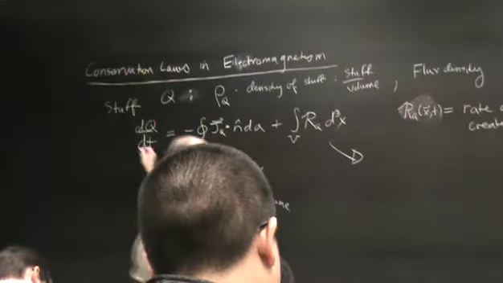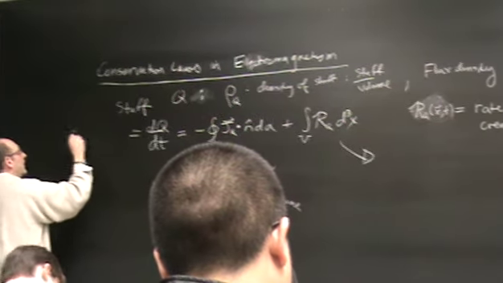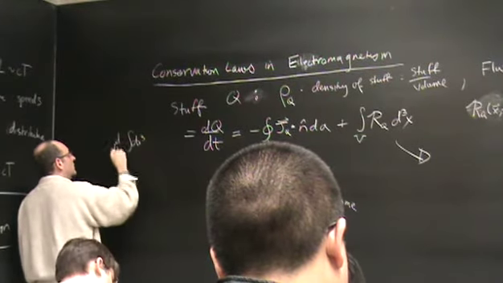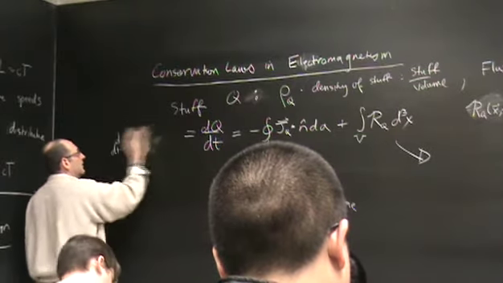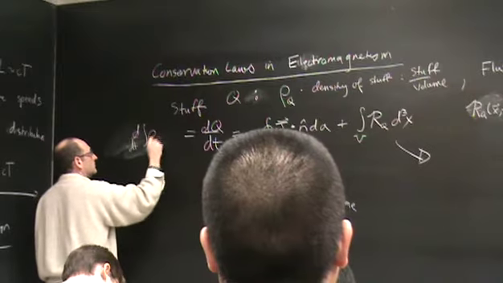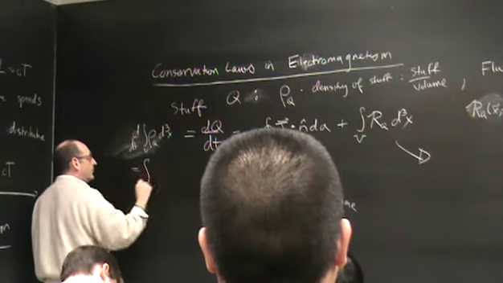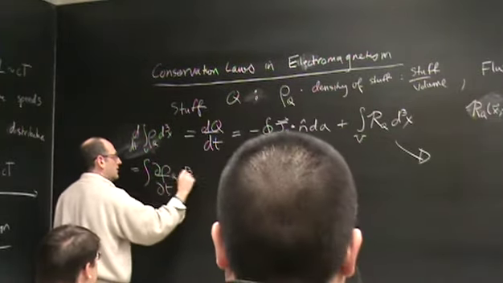So we write this as the rate of change of the density of stuff. And if the volume is fixed, then that's equal to the partial of that.